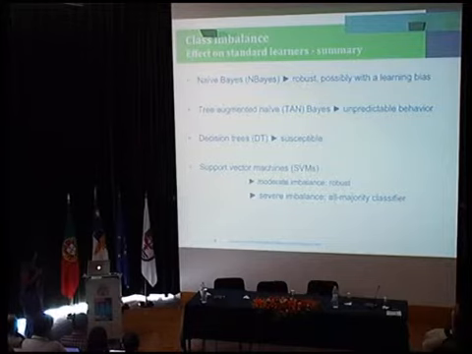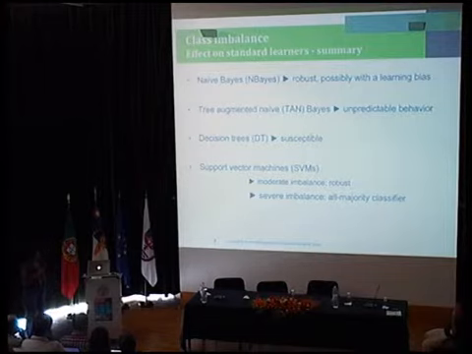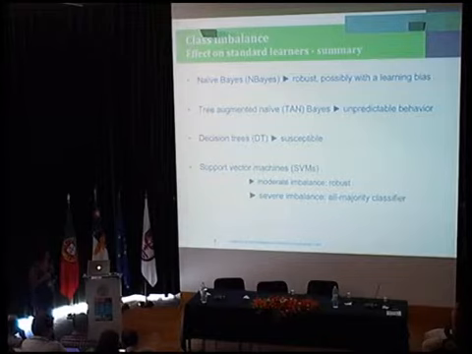And about the SVMs, they say that in case of moderate imbalance, the SVMs are robust. In case of severe imbalance, they will all be majority classifiers, so they will not work at all. Usually, they don't say what is moderate or what is severe imbalance. This depends on the paper.